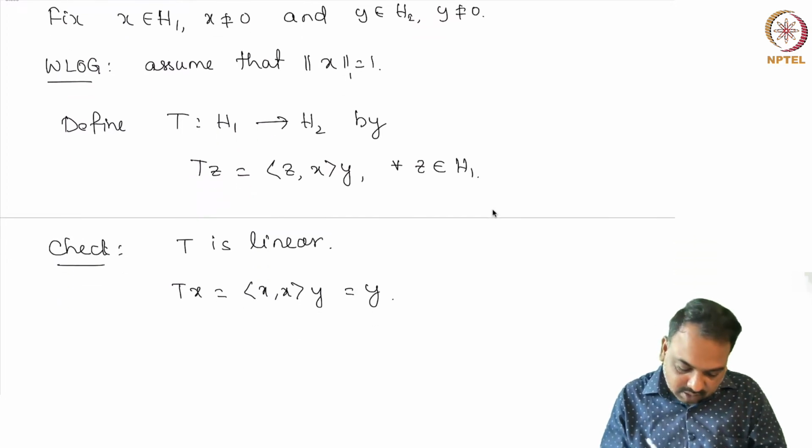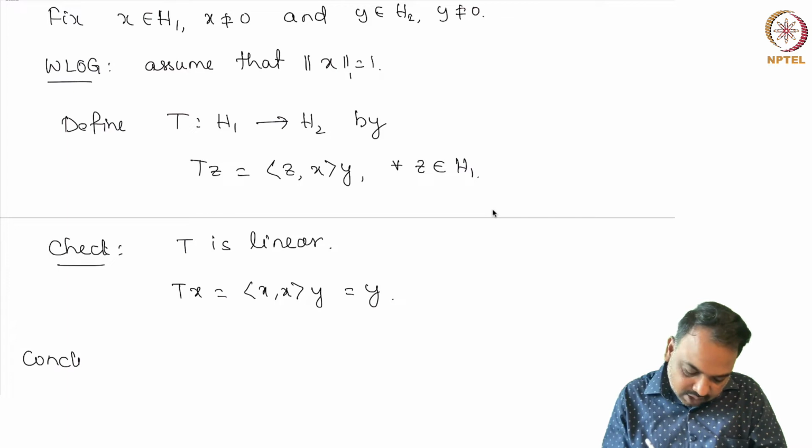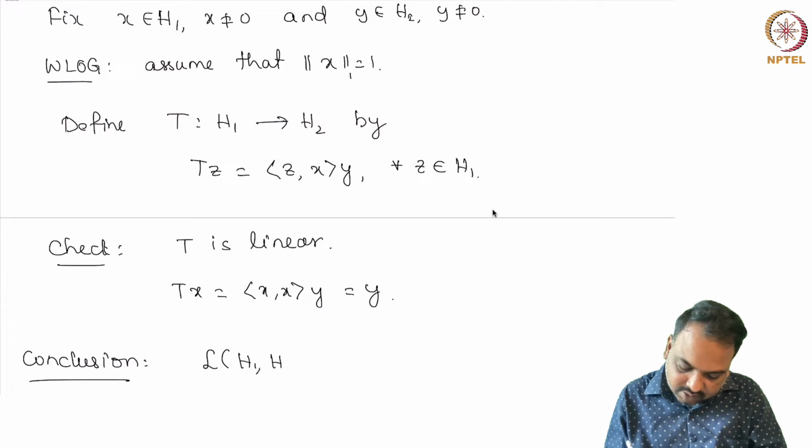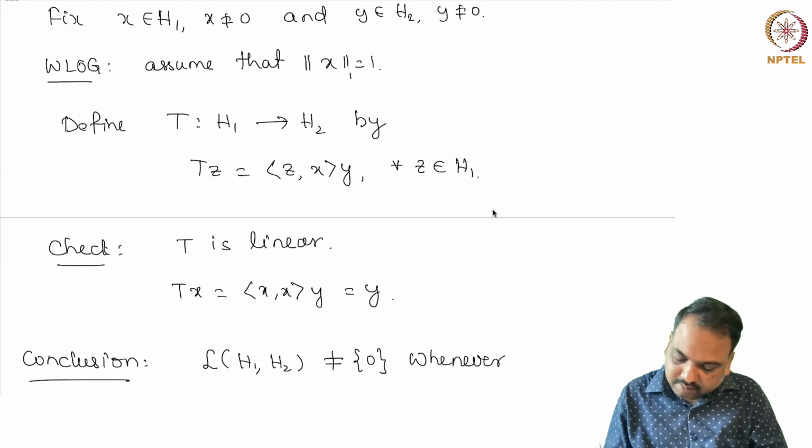That means the conclusion is the following: L(H1,H2) is non-zero whenever H1 is a non-zero space and H2 is a non-zero space.